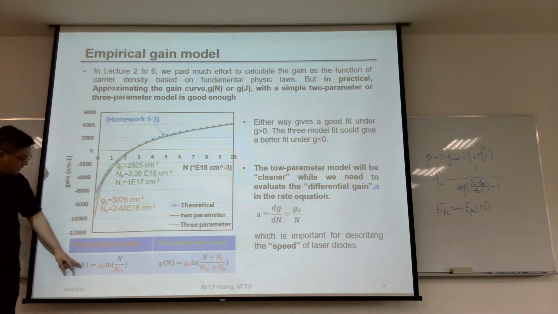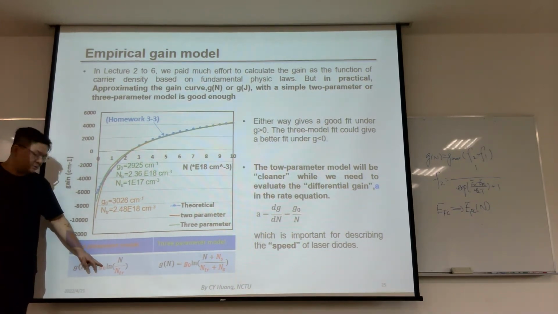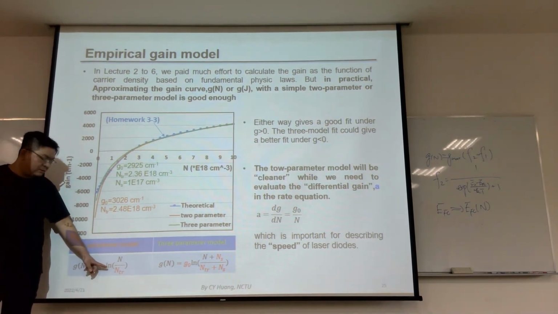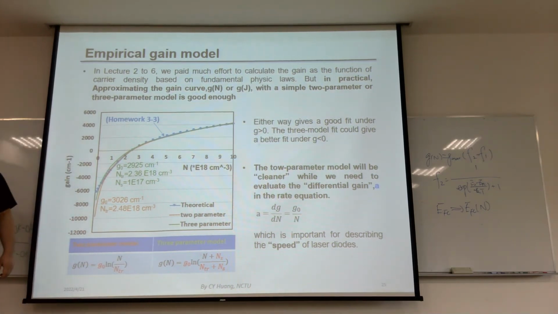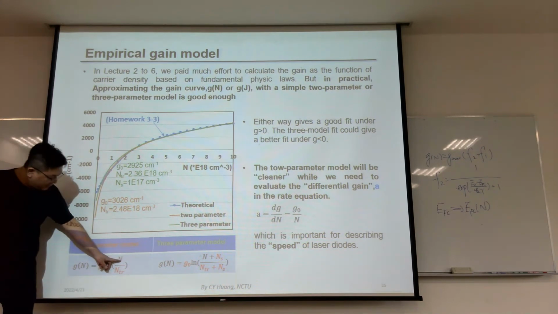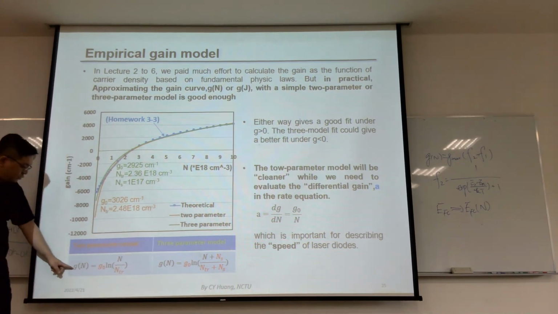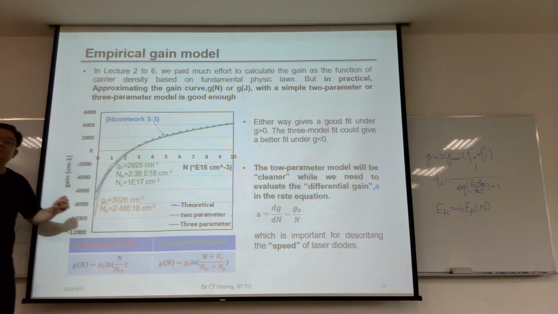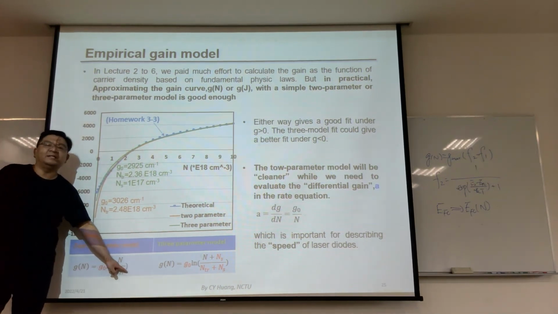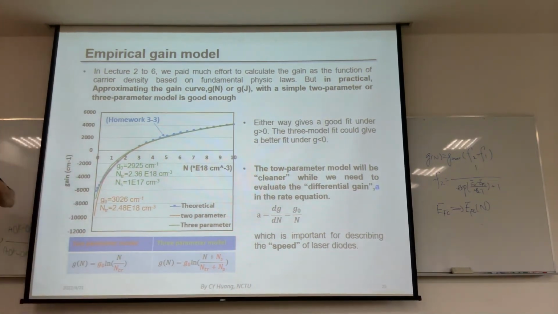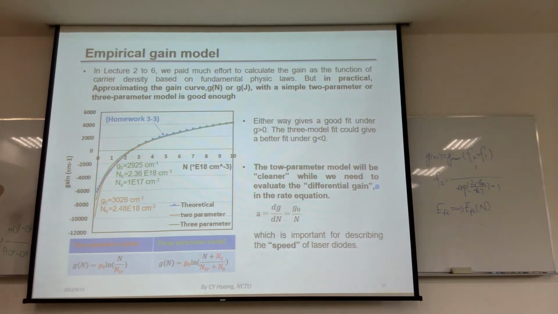It's simply G0 times natural log of n divided by n_tr. If n is equal to n_tr, G will be 0. So it's physically correct at the transparency condition.